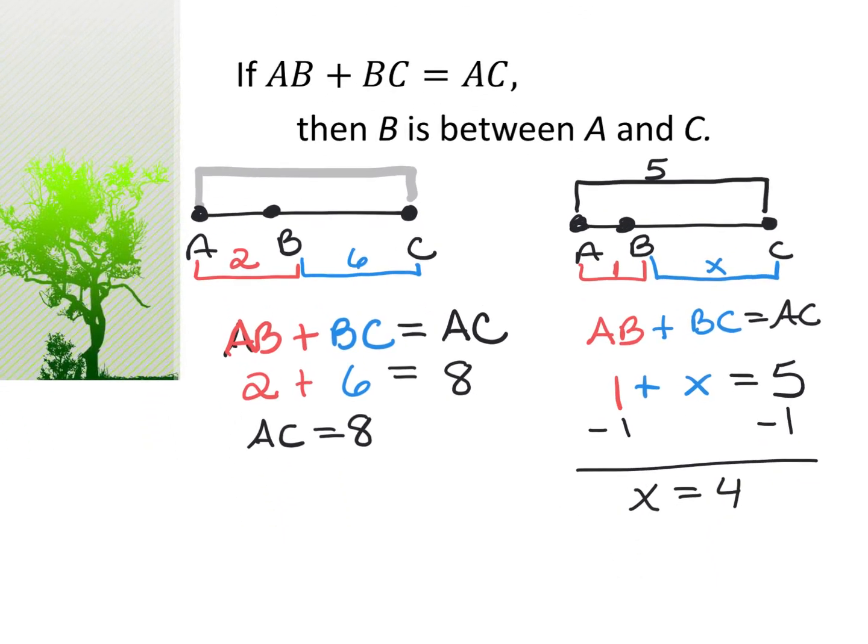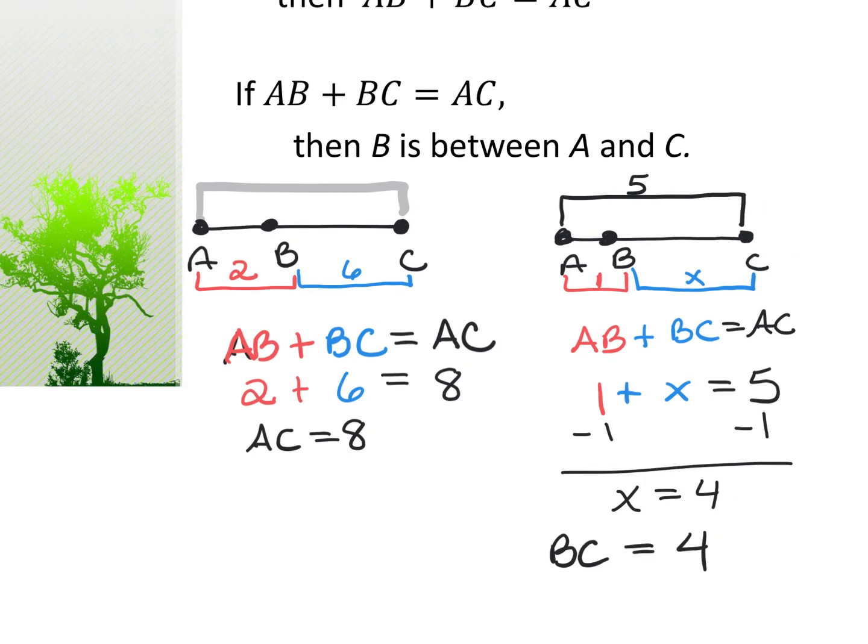So my X, which represented BC, is going to be 4. So if they give you the whole thing and one of the little pieces, then we're going to subtract to find the other little missing piece. So this is how I can use my segment addition postulate to find missing pieces of a segment or the entire length if I know the individual pieces.